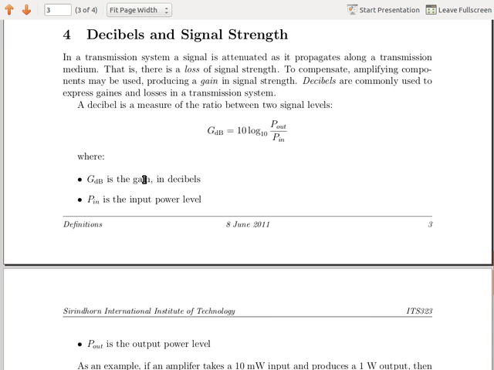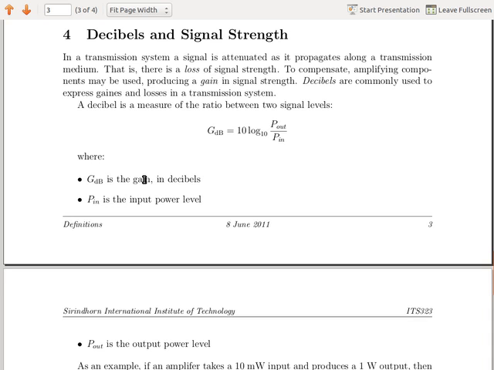We take the output power divided by the input. This can be an amplifier, but in a communication system, I'm going to use the same diagram, some communications channel, a link, for example. We have some input power at the transmitter, say 1 watt. I transmit with a power level of 1 watt.